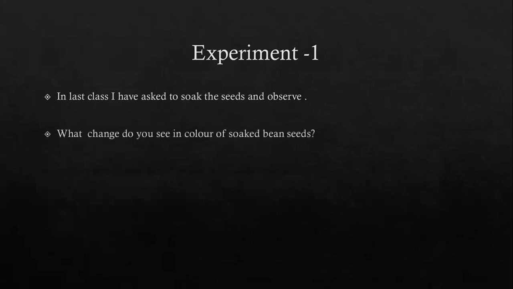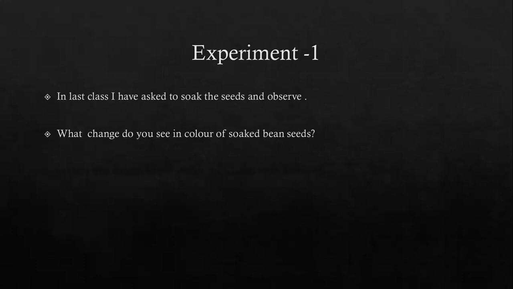So now, experiment 1. We are going to do an experiment to understand how a plant grows and how it reproduces. In the last class, I asked you to soak the seeds and then observe. What change do you see in the color of the soaked bean seeds?